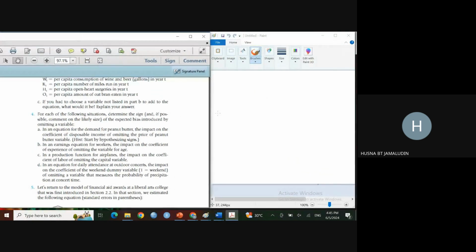Okay, so it says that this is the demand for peanut butter. So beta naught plus beta 1. What is the beta 1? The coefficient of disposable income. Then you didn't put one more variable, and then you have epsilon.